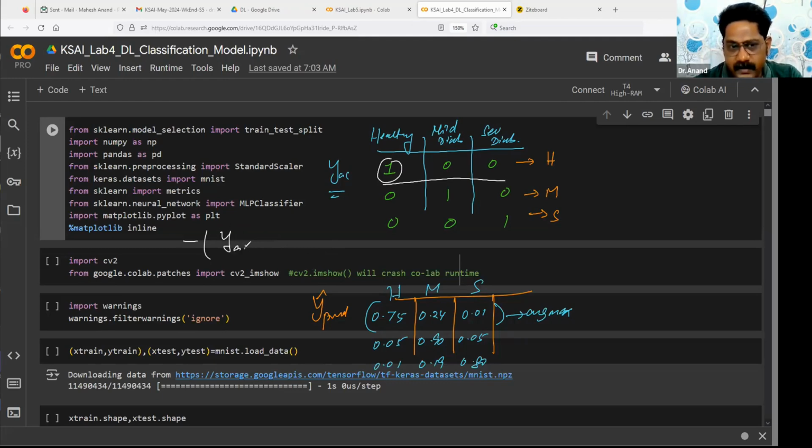So this is the common formula. Y actual log base 2 Y cap predicted plus 1 minus y actual log base 2 1 minus y cap predicted. That means you have to extend this formula. Y actual is 1 and 1 minus y actual, for 2 nodes, you have to extend this substitution. So how can we do this?